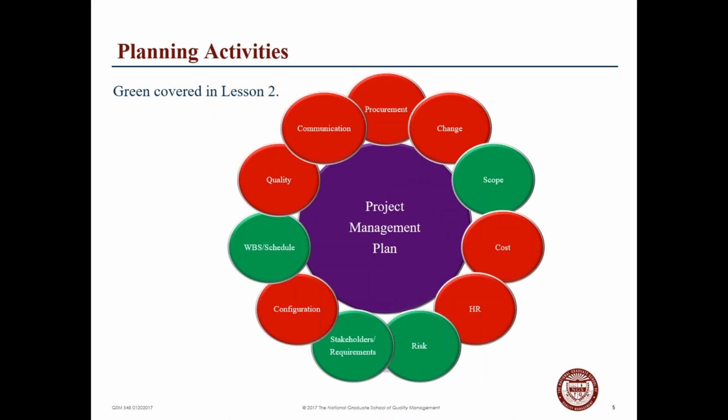We want to talk about scope, how we manage risk, how we assess stakeholders and their requirements, and how we meet those needs while staying on target, mitigating risk, and staying within the scope, because one of the challenges at this stage is what we call scope creep, and we'll talk more about that later on, and ultimately adhering to our work breakdown structure, WBS, and that schedule.